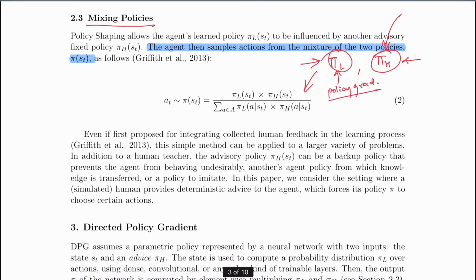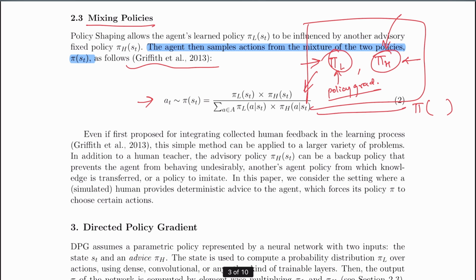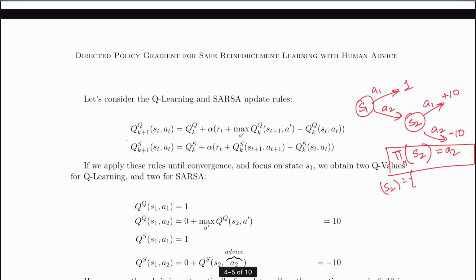Now, following on the work of Griffith, the authors in this paper say, why not just combine these two policies by, let's say, a new function pi, and the way we combine them is given here in this equation 2. So the pi H given by the human basically says if you are at state S2, you take action A2, and the tuple looks like S2 equals 0, 1, where with 0 probability you're choosing action A1, and with 1 probability you're choosing action A2.